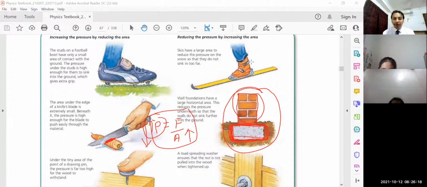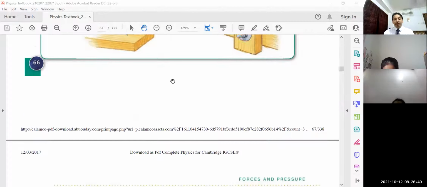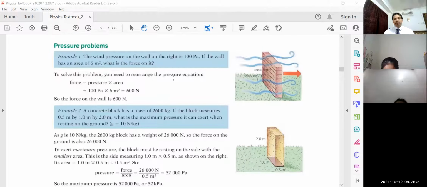And if I am able to increase the surface area of my boot, then pressure will be highly reduced. If pressure is highly reduced on the snow, it will make my walk easy on the snow, and my feet will not sink into the ice. So remember, children, the impact of higher area and low area will help us in increasing and decreasing the pressure. Let me move ahead, children, for some questions.